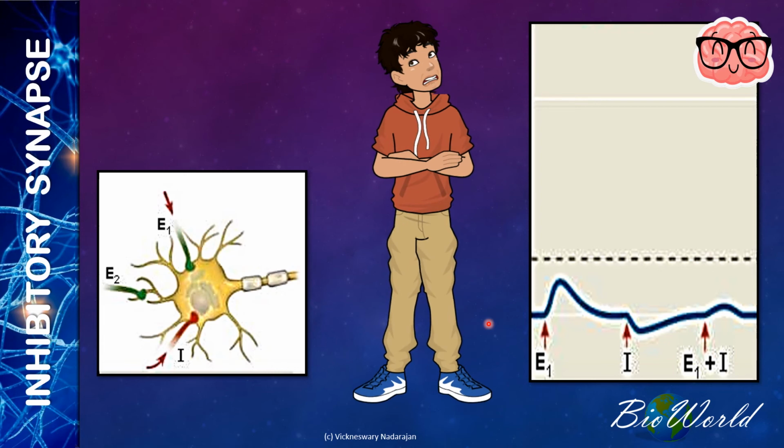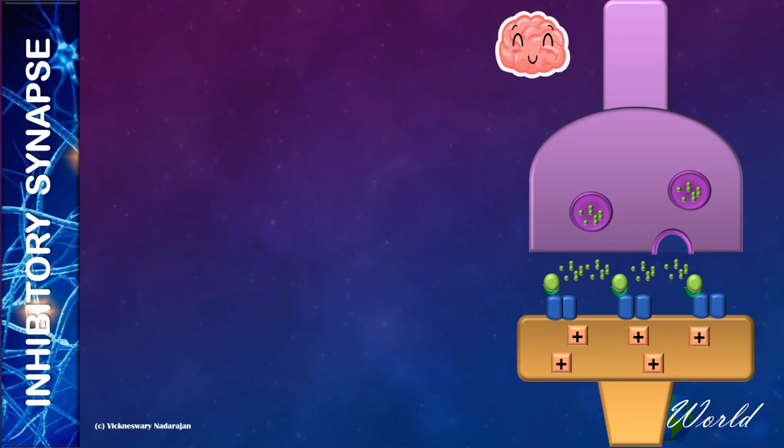Let me explain further. The inhibitory synapse is a little different compared to the excitatory synapse. The difference is that in the excitatory synapse, you have sodium voltage gated channels. But for an inhibitory synapse, they will be replaced with potassium voltage gated channels.